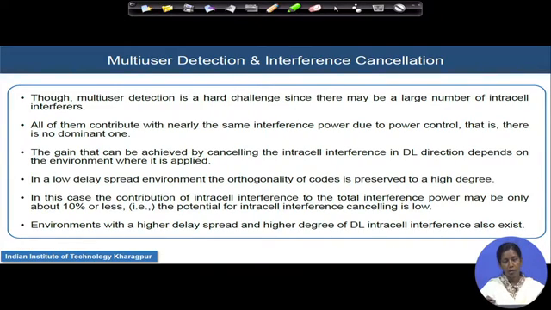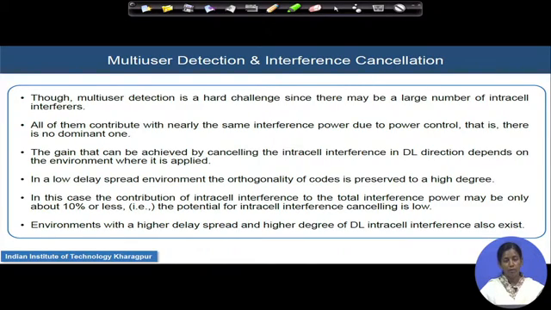All the codes are orthogonal, and the orthogonality prevails from user to user. There is no loss in that, because the channel is a low delay spread channel. So, it has not changed a lot. So, orthogonality is almost maintained, and that is why the interference is not that much, around 10% contribution from the intra-cell interference, and in that case you may avoid the detection process, because the improvement will not be very high.